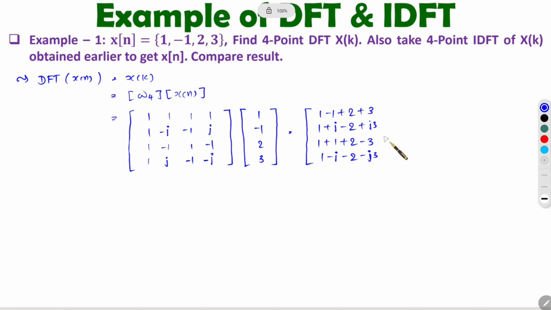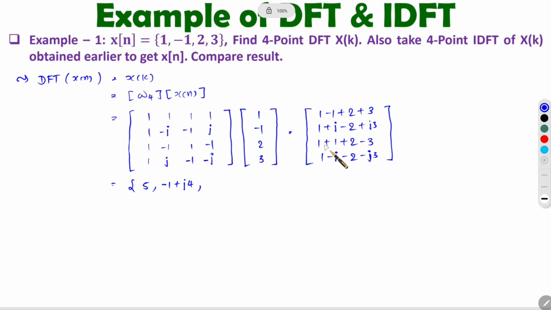Right. Now let me write x of k, that is the DFT of x of n. So the first element, that is 1 minus 1 plus 2 plus 3, that is 5. The second element is 1 plus j minus 2, so that is minus 1, and plus j3, that is plus j4.